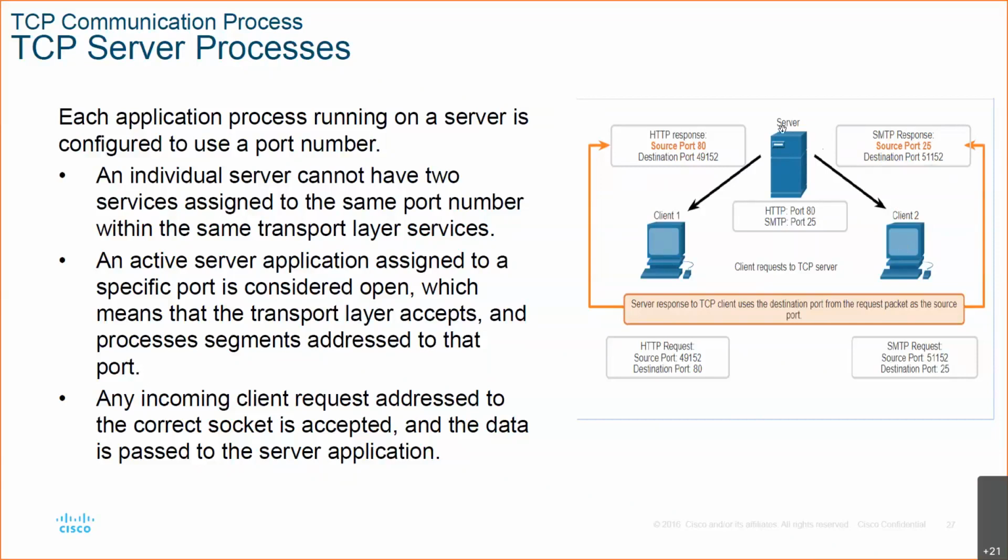At the same time, the server can also serve client one, which is trying to get a web page on port 80. So this server can run different applications as long as they work on different ports. That's why you have to make sure that you do not have the same port numbers.